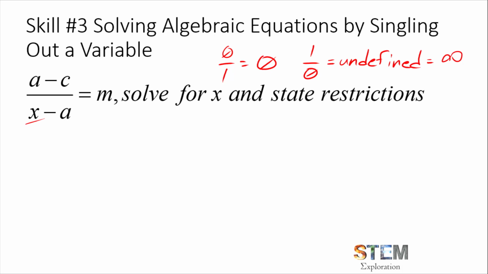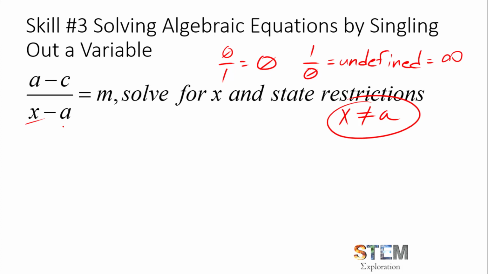So in this particular case, if we are going to state a restriction for this given situation, x cannot equal a, all right? And stating a restriction is just as simple as saying x cannot equal a. That is our main restriction here, because if x equaled a, x minus a would be 0, and then you would have a situation with an undefined value.